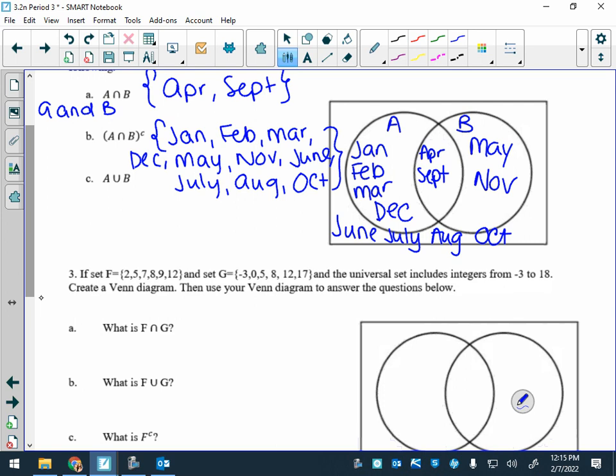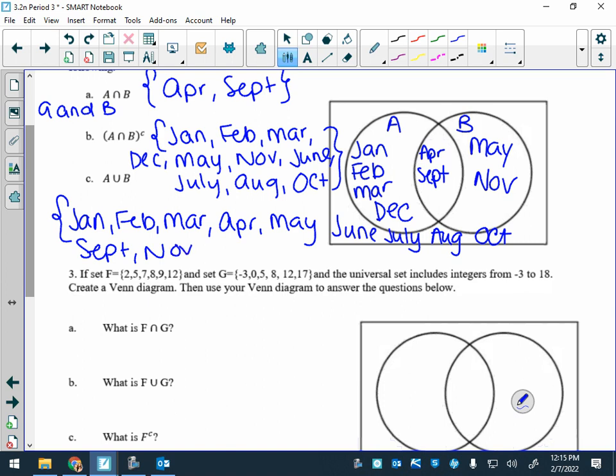Excellent. Good. Okay. So again, this is or. So A or B or both. So I would shade both of those circles.